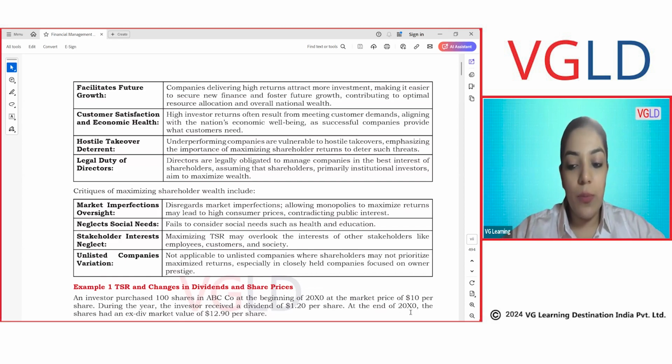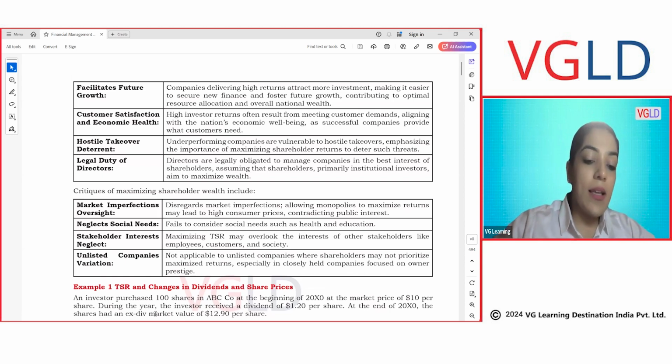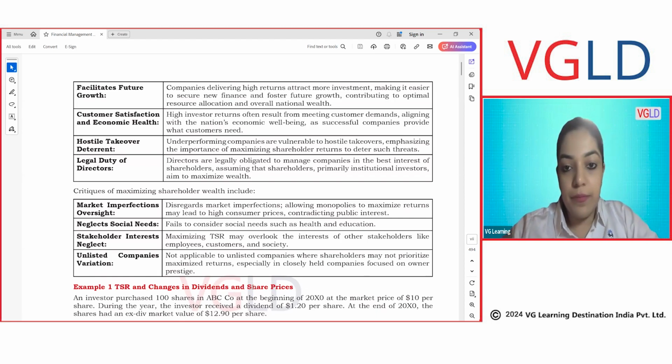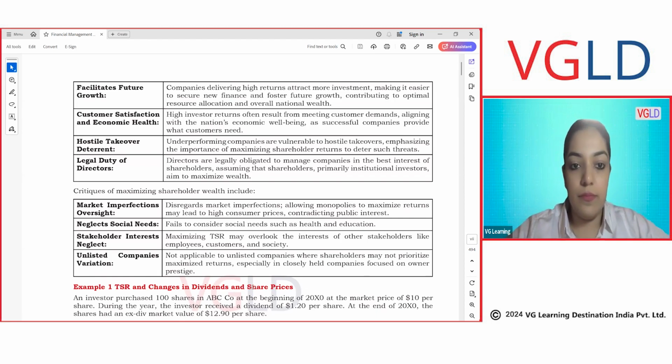At the end of 2010, the shares had an ex-dividend market value of $12.9 per share. Please tell me, what is the total shareholder return of this company? Everyone, please solve.